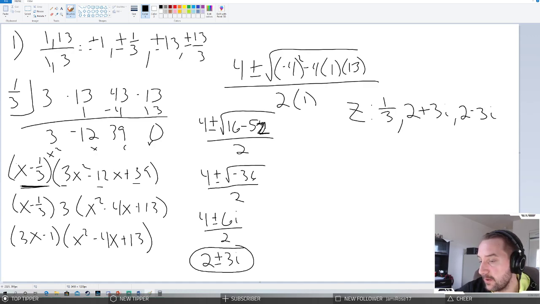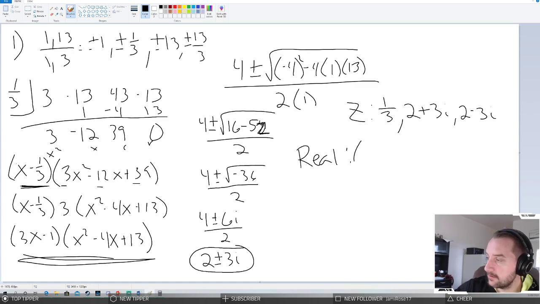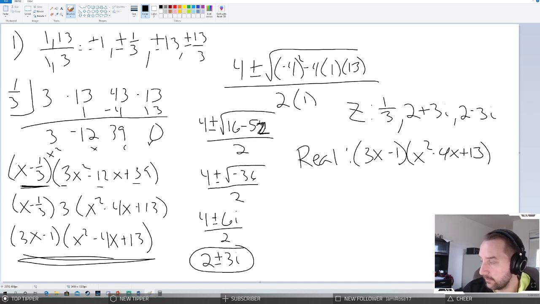Then it says, what was my factorization over real numbers? So what was it before I got imaginaries? This. So that's going to be 3x minus 1 times x squared minus 4x plus 13. Real numbers just mean no imaginary. And then over complex means I'm allowed to have imaginary values.